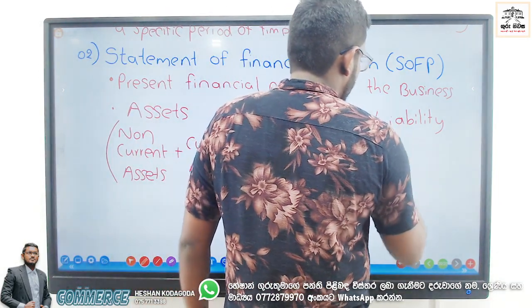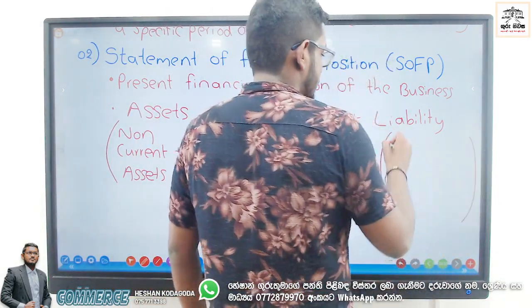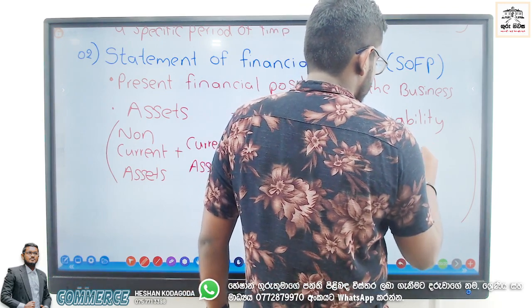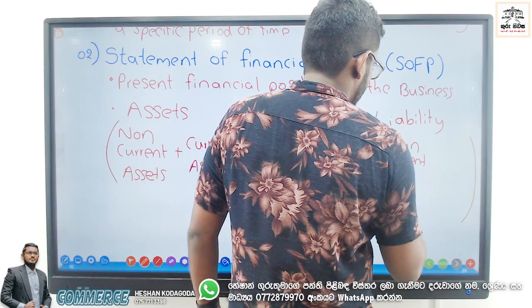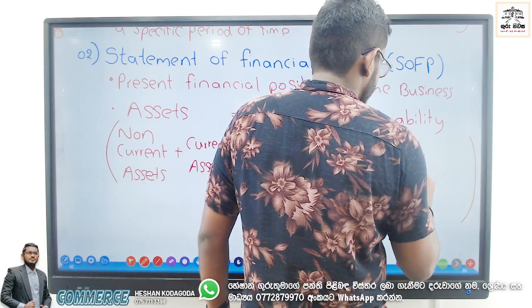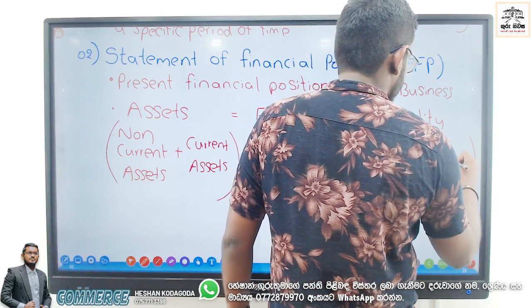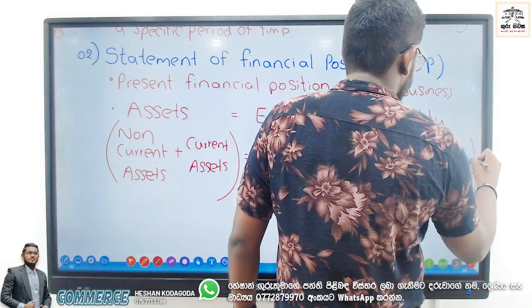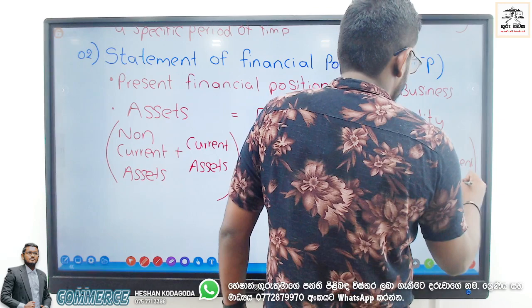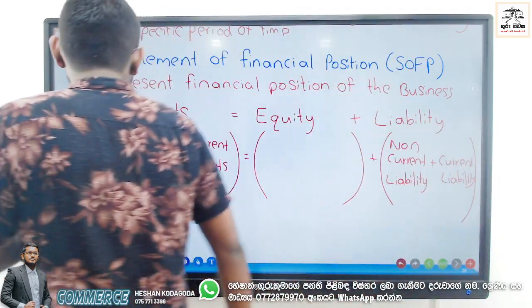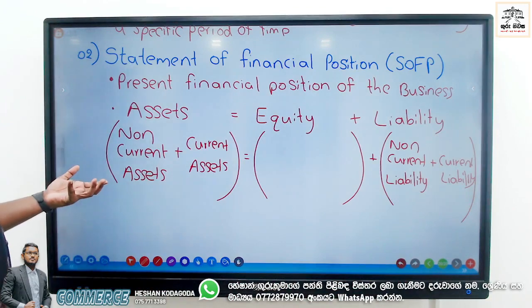How to calculate liability? You know, liability equal non-current liability plus current liability. When it comes to non-current assets, you know, assets which we expect to use more than 12 months.